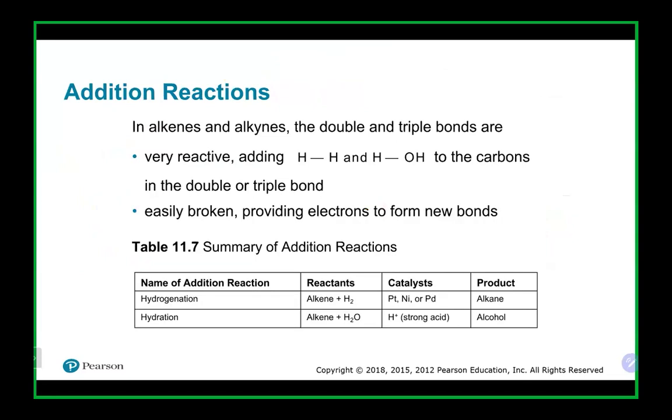So in an addition reaction, we can add something like hydrogen, which is known as a hydrogenation reaction, and basically we're just putting the hydrogens back that we took away. If you remember, in order to make a double bond between these two carbons, we had to remove two hydrogens, right?